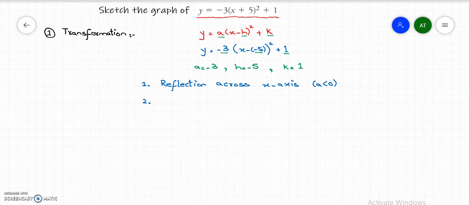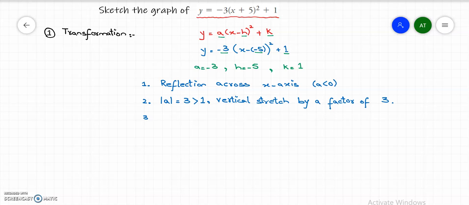The second transformation is the absolute value of a, which over here is 3. So when the absolute value of a is greater than 1, then we have a vertical stretch by a factor of the absolute value of a. And the absolute value of a is 3. So we have a vertical stretch by a factor of 3.